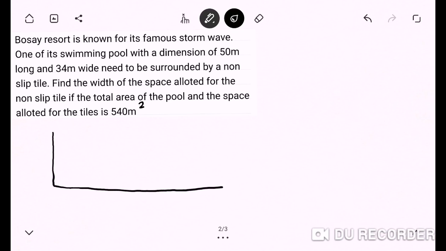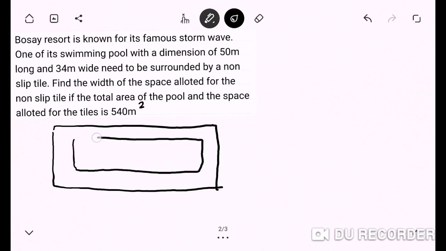So let's say we have a swimming pool, so let's draw a swimming pool with representation of a rectangle. So let's say ito yung ating swimming pool kung saan ang kanyang length ay 50 meters at ang kanyang width naman ay 34 meters.